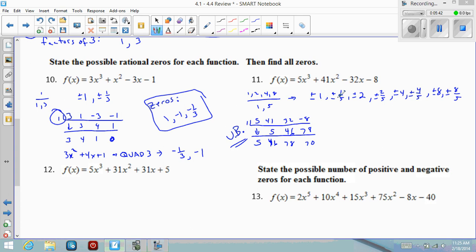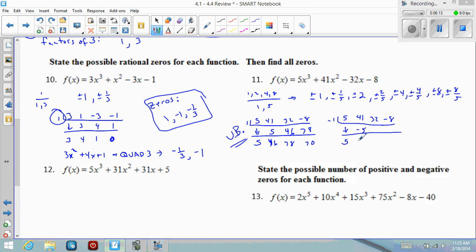Well, I could try positive 1/5, I could try 2/5 or 4/5, or I could just try -1 and see what works. If I try -1, that will give me 5, 41, 32, and -8. I bring this down, I get 5 times -1, -5.